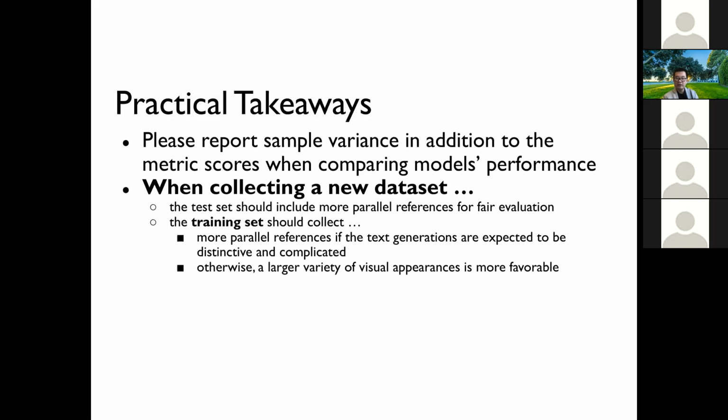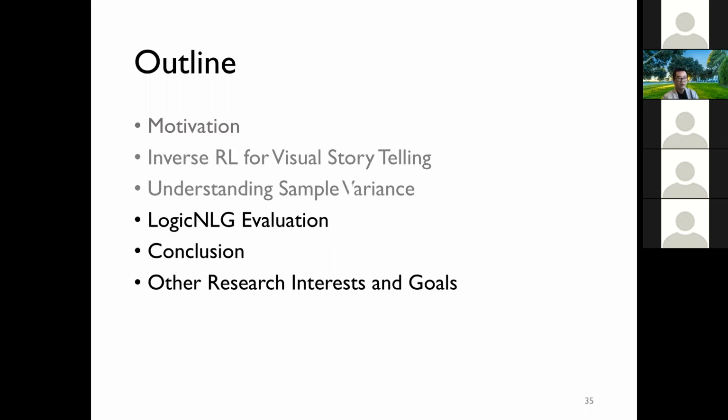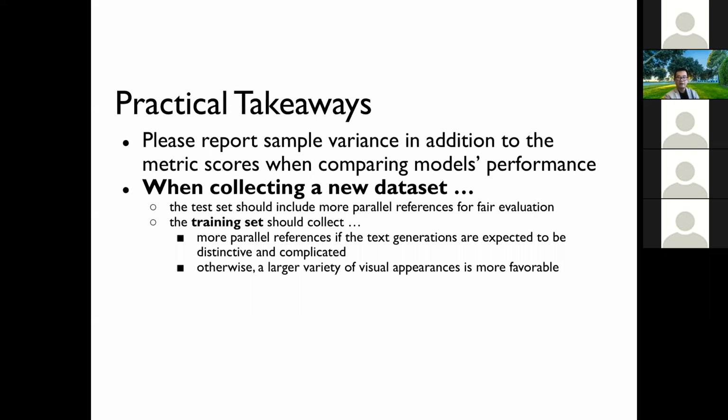In storytelling, as you can see, it's a difficult task, so you need more references and it's a longer text. Whereas in image captioning and video captioning, this is not the case. So it really depends on the complexity of the problem you're trying to solve. And finally, I think it's also important to think about the testing situations when you are designing a new dataset.